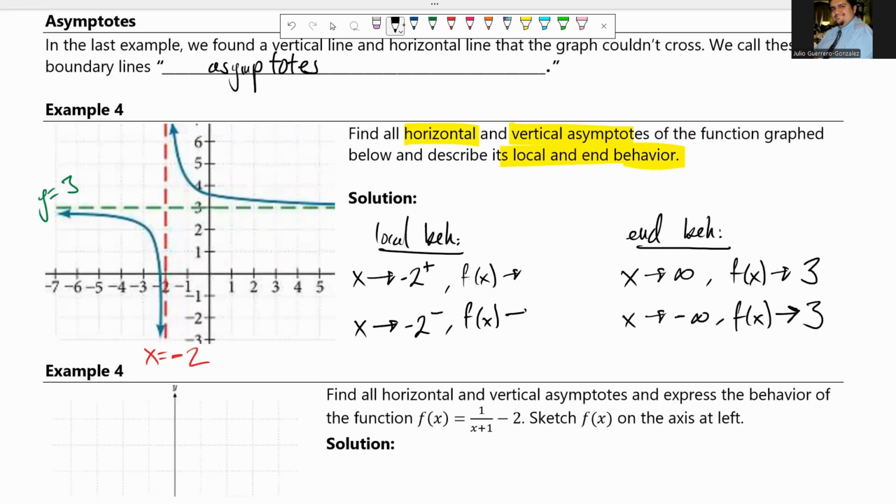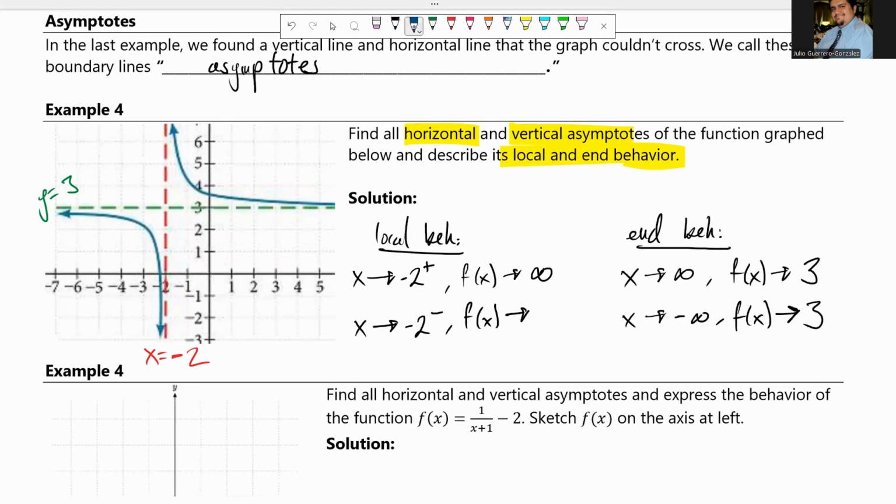If we took a look at the first line, as x approaches -2 from the positive side, we want to see what happens on our graph. And if you notice, it's making us skyrocket.